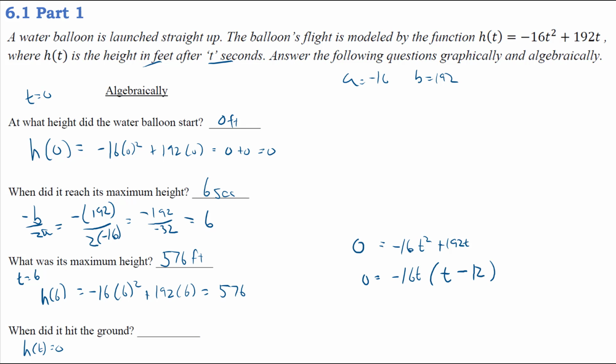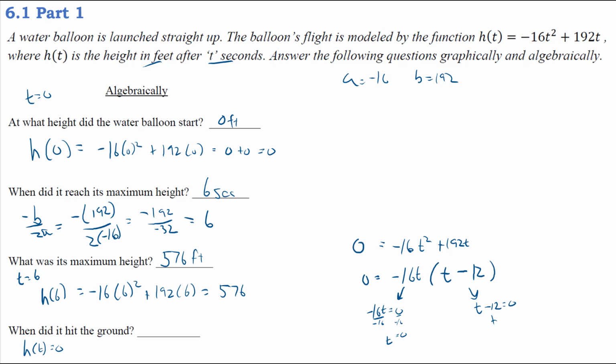Alright, so now, as we've done in the past, we're going to set both of these equal to 0. We'll take this one, negative 16t is equal to 0, and this one, t minus 12 equals 0. If we divide by negative 16 on both sides here, we get t is equal to 0.